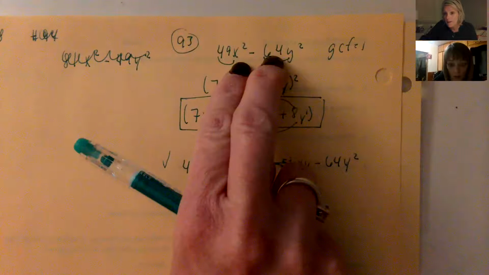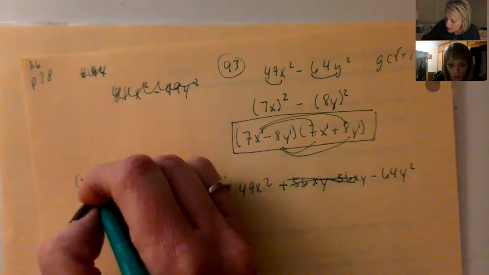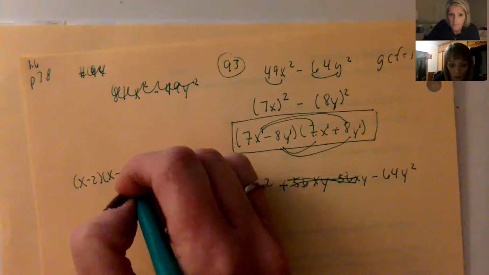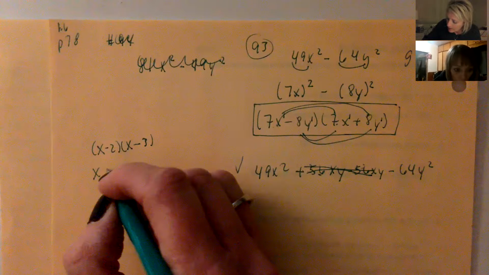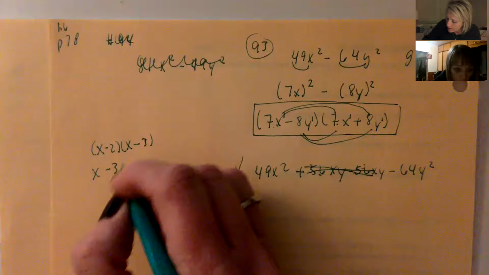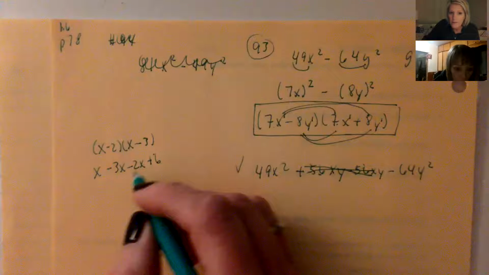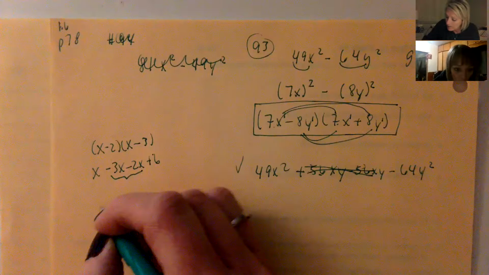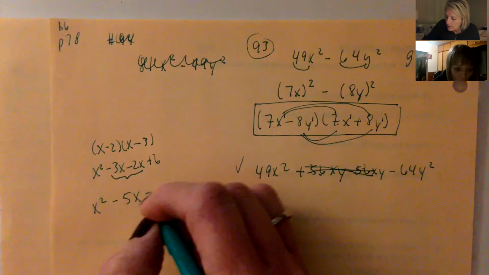Okay. So notice if I would have done a simple X minus 2 times X minus 3, I get my X squared and then I get a minus 3X and a minus 2X in the middle, plus 6. My middle terms are like terms, but they don't cancel out. So I end up with 5X instead. I end up with that middle term there.